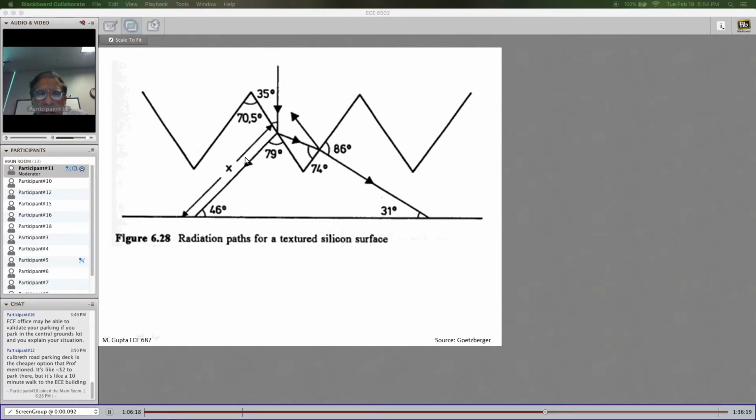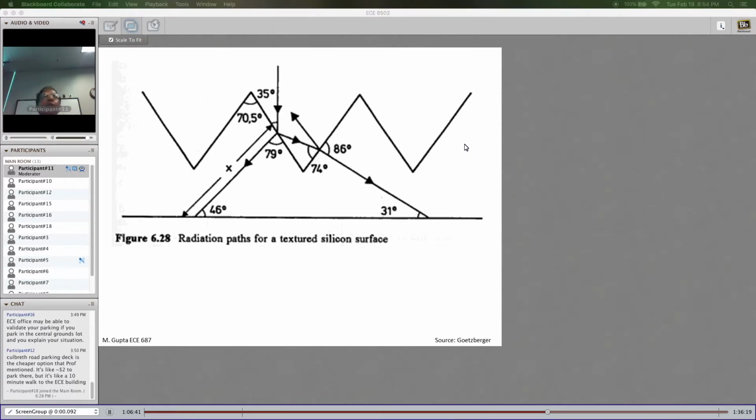These angles, 70.5 degrees, all of this comes because in a solar cell, the silicon wafer they use is monocrystalline. Monocrystalline will have a crystallographic orientation, like the 100 orientation.